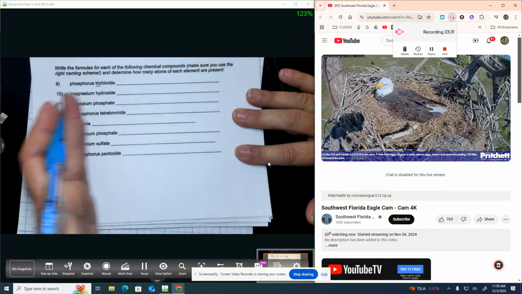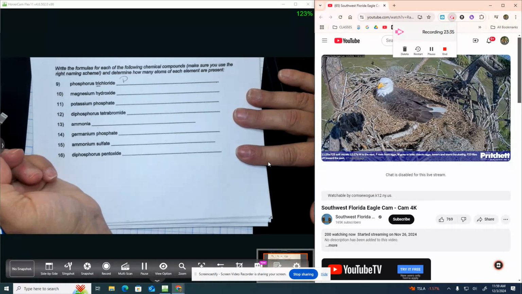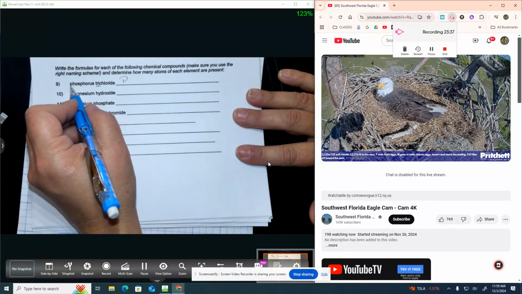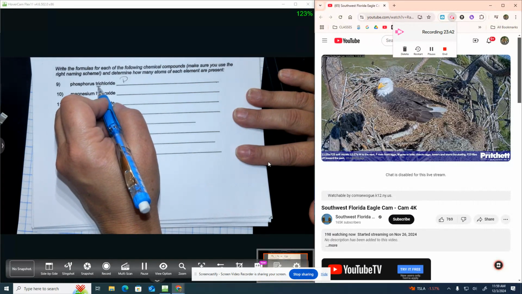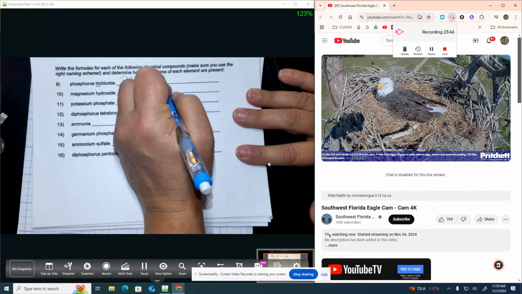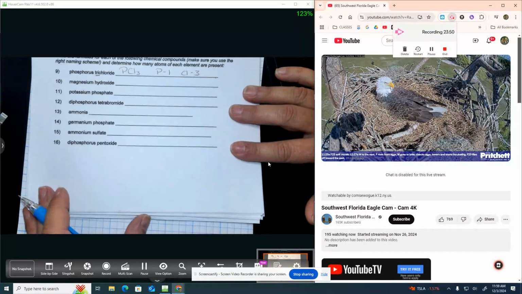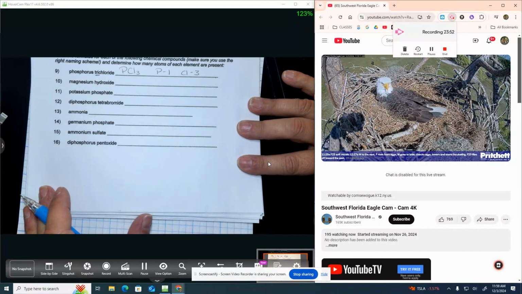Covalent gets named with prefixes, ionic doesn't. So, phosphorus is P. It doesn't say monophosphorus because there's only one of them. Tri means how many? 3 chloride. 3 chlorines. So, phosphorus, there's one of them. Chlorine, there's 3 of them.